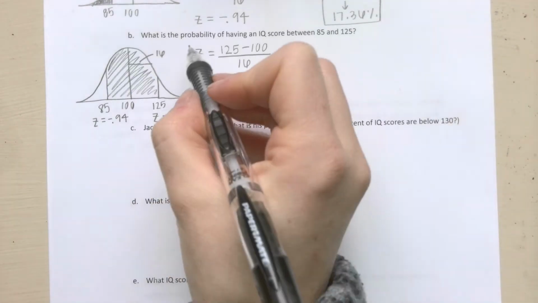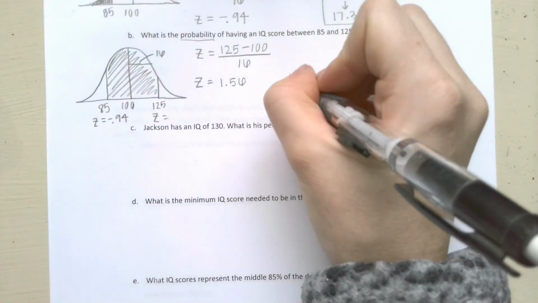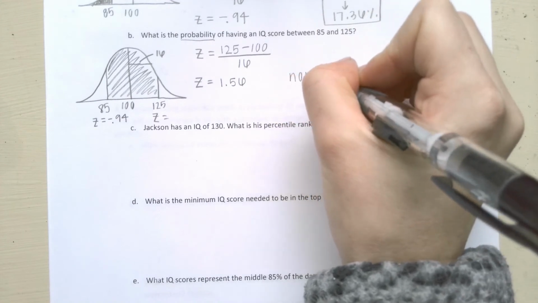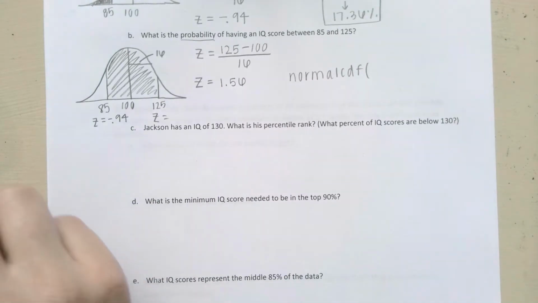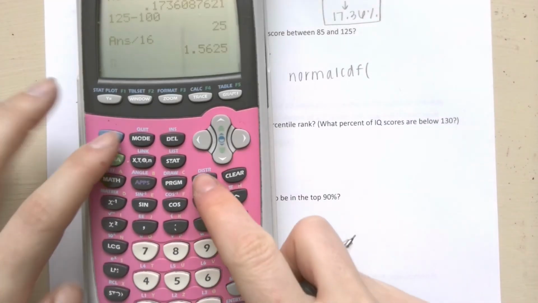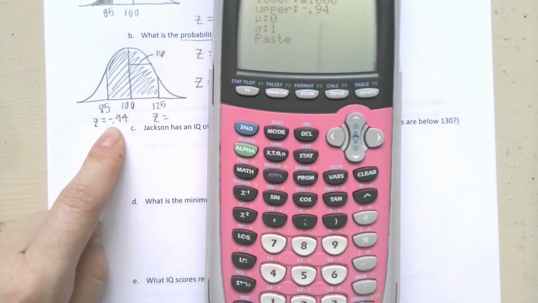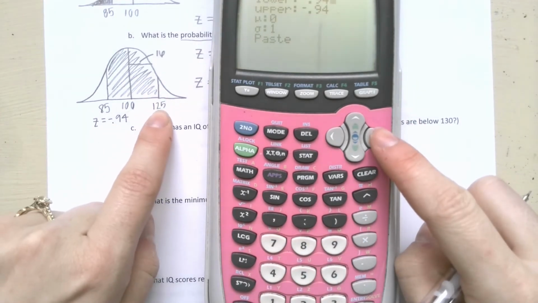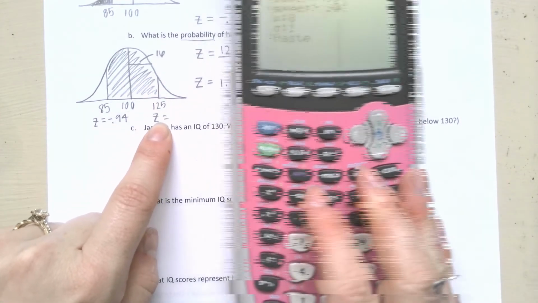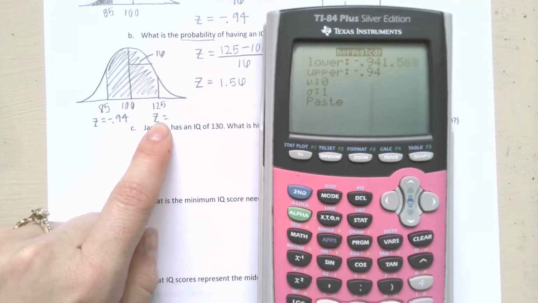Again, I am looking for a probability or a percentage, so I will be using normal CDF again. Okay, my lower bound where my shaded area starts was at 85, which was a z-score of negative 0.94. The shaded area stopped at 125, which we just found to be a z-score of 1.56.